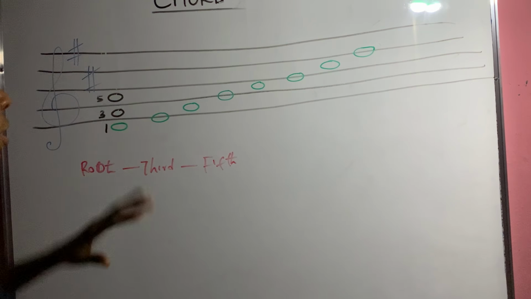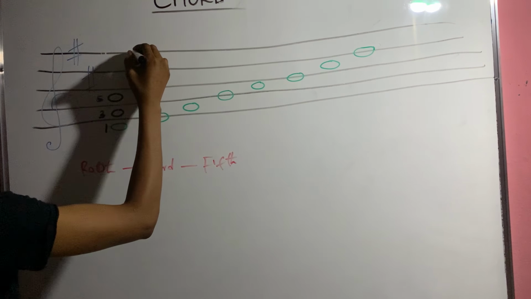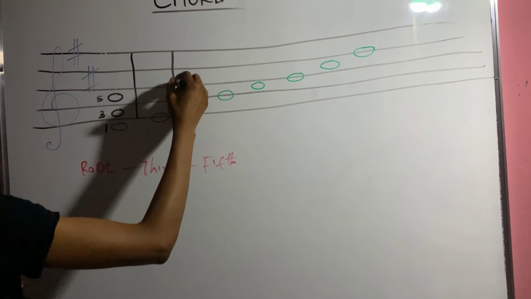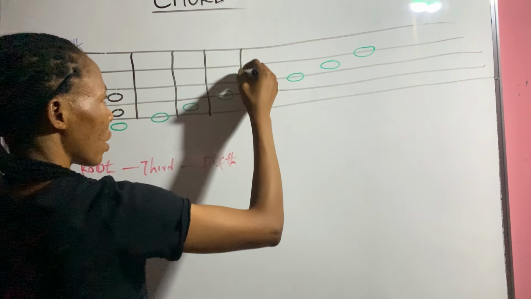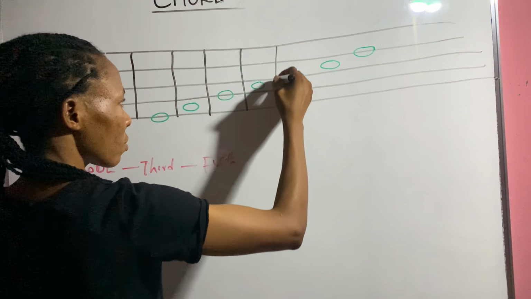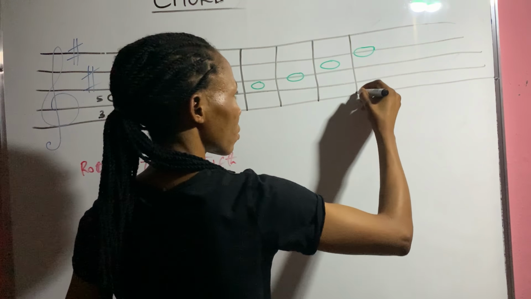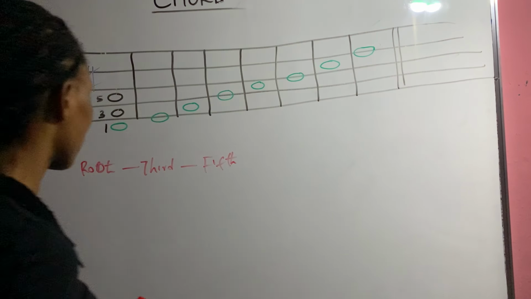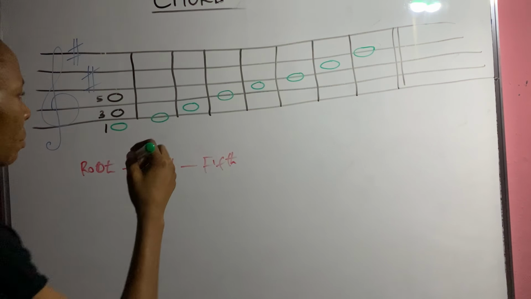So this is the D major triad. Now we are going to know if it's major or minor. Let me not be in a haste with you, because this is the foundation to where we are going. Now let's keep forming triad chords from all the scale.